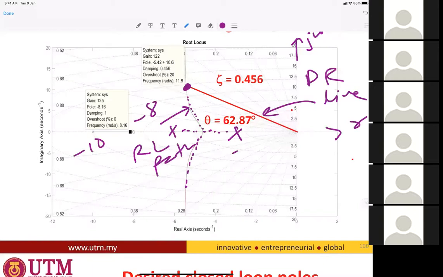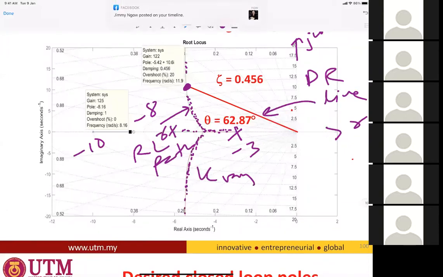This one is -3. I see. And -6. So that is open loop poles. When they start the path, they become closed loop poles. Closed loop poles, the K varies. Every point of this is a different K.